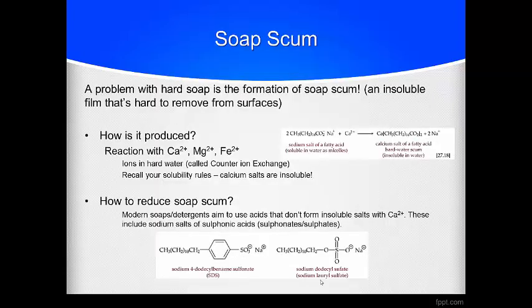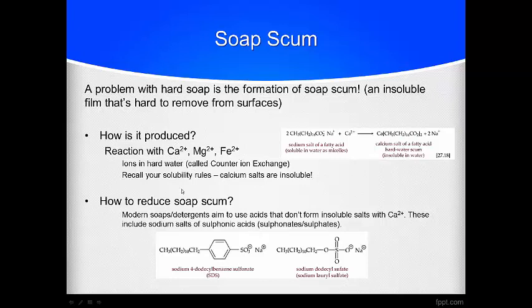So let's have a talk about soap scum. So soap scum is an insoluble film that forms generally on hard surfaces. So how is it produced? So it's a reaction with your fatty acids and your calcium, magnesium or iron, so your hard water cations.